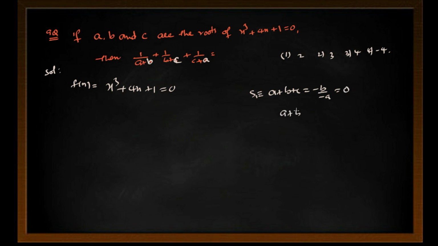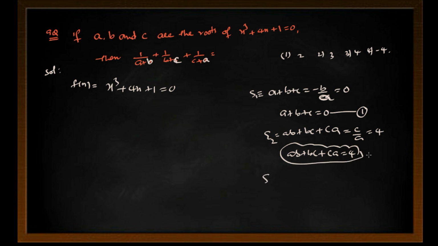So we have a plus b plus c is 0 as our first equation. Next, s2, that is ab plus bc plus ca, sum of the product of the roots, that is c by a, that is 4 by 1. So ab plus bc plus ca equals to 4.